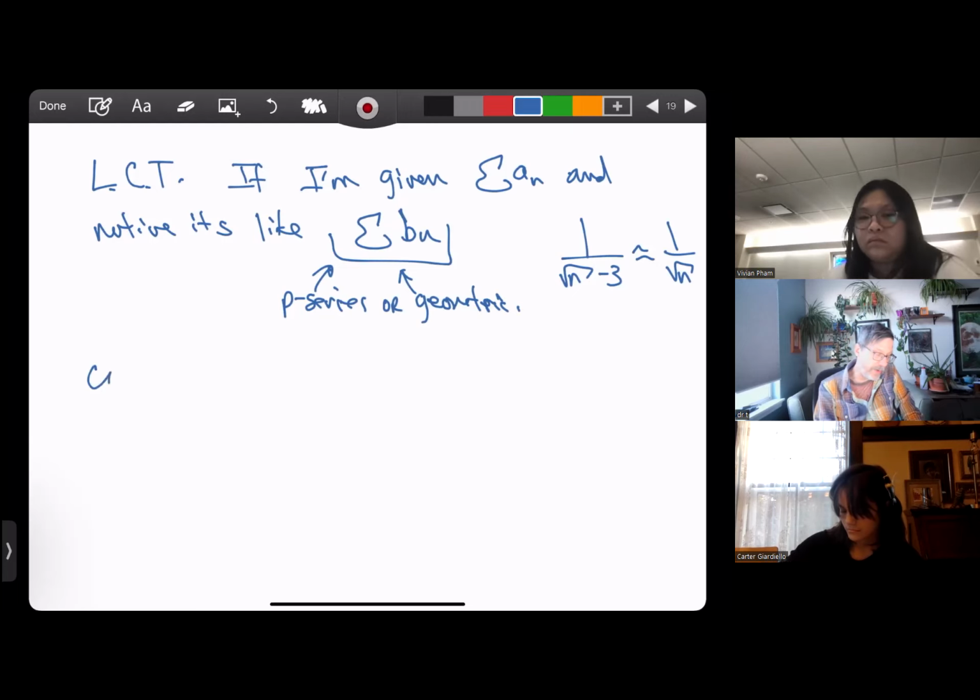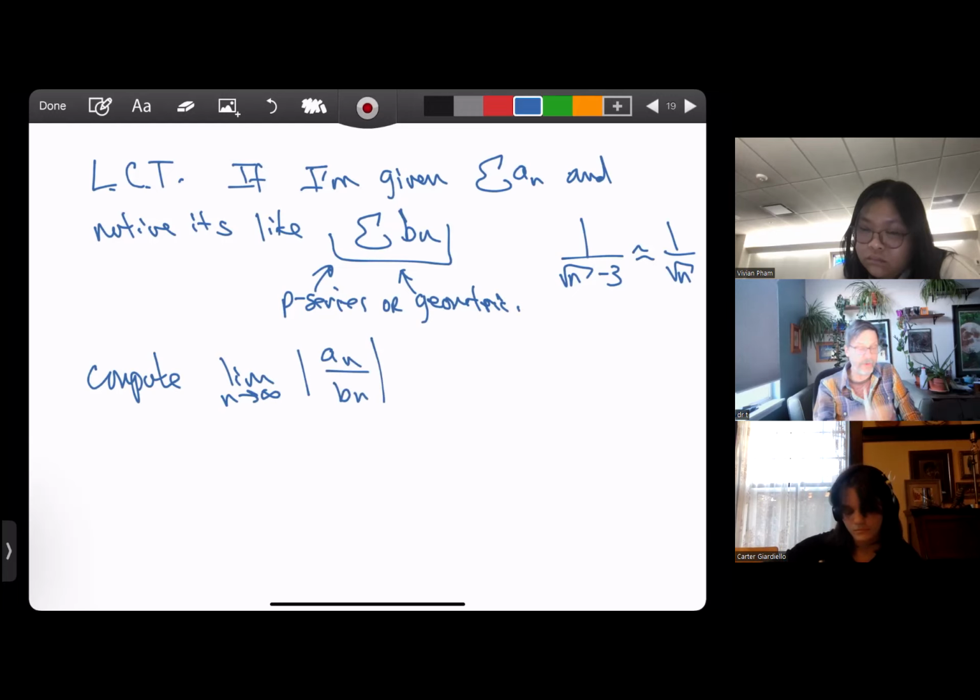So then we compute this limit. It doesn't really matter how you compute this limit. It's basically the ratio of the terms. And if this limit is not equal to 0, then that means when n is really big... here, let me show you.